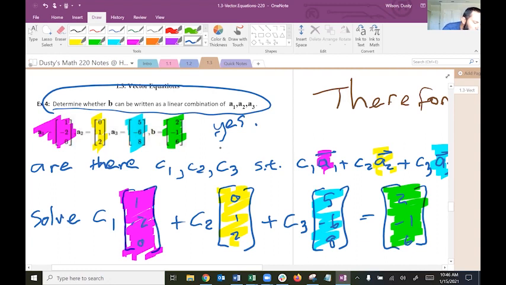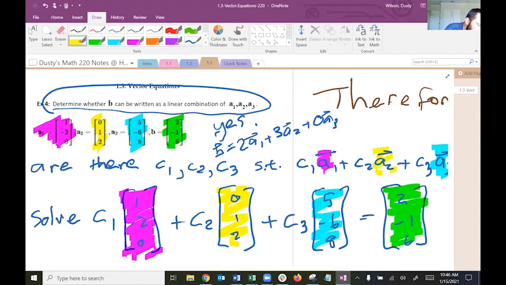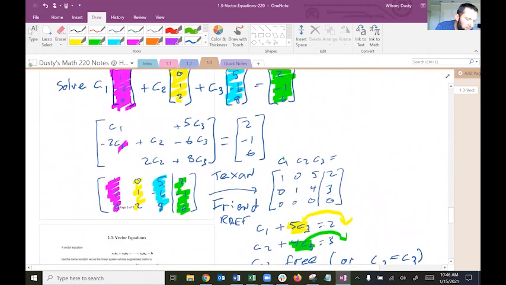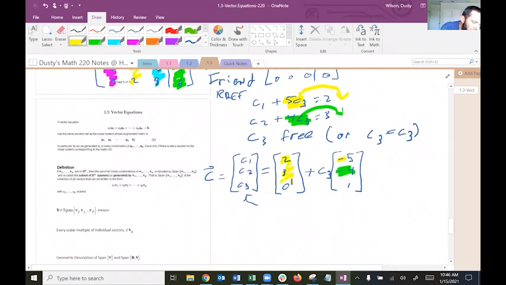For example, we could say that B is equal to 2A1 plus 3A2 plus 0A3. You might ask, where did those come from? This 2, 3, and 0 are the same 2, 3, and 0 I found right here.